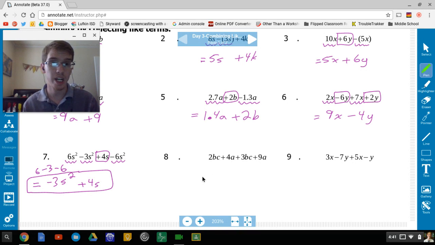Number 8, same variables, same exponents. We have a 2bc. We have a 3bc. So we're going to have 2 plus 3 is 5, 5bc plus 4a plus 9a, so that should be a plus 13a.